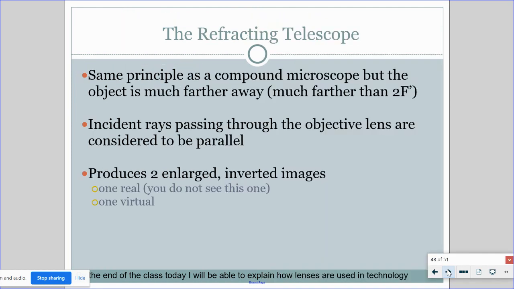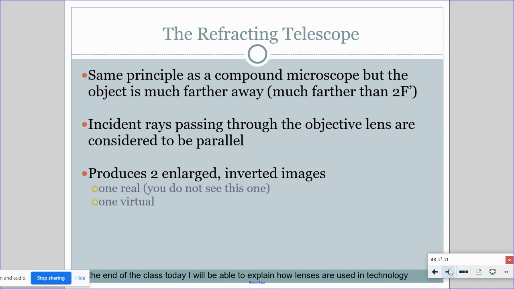The refracting telescope is basically the same thing as a compound microscope, but the object's way farther away because it's usually used to see things in space. The incident rays passing through the objective lens are considered to be parallel, so we're getting basically a virtual image. It produces 2 enlarged inverted images.